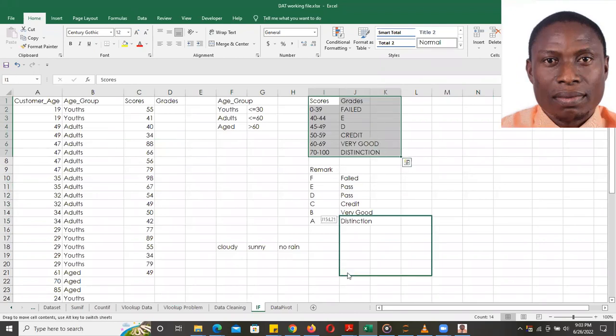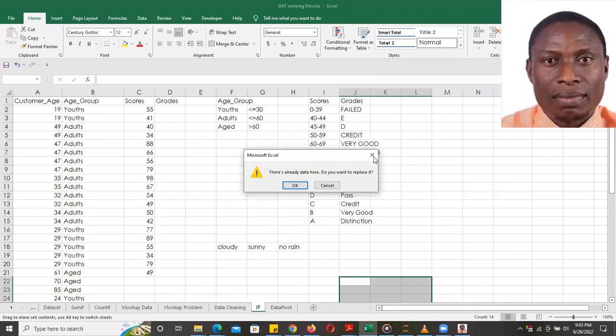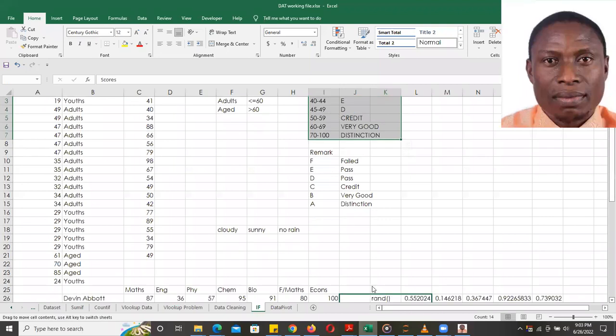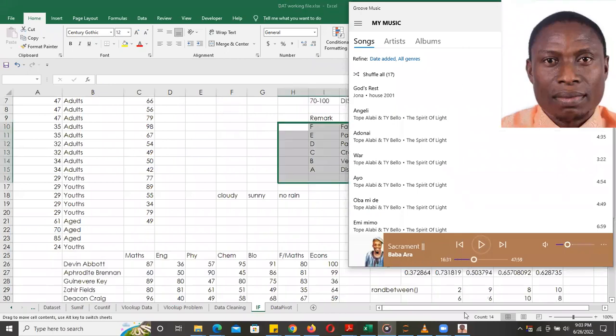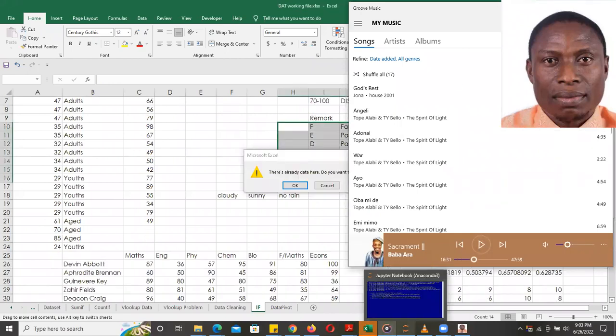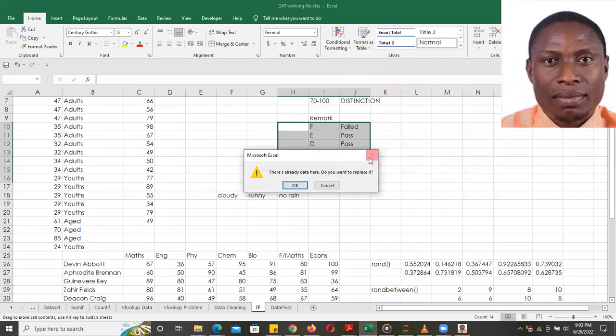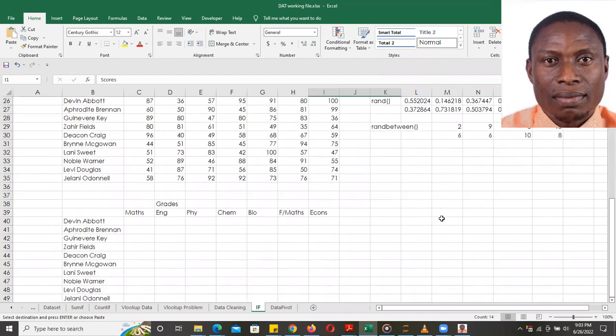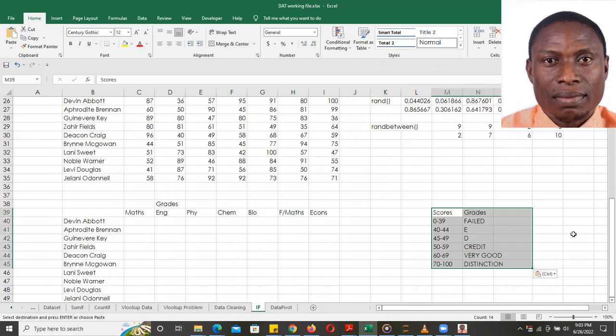Drag it down. Let me see. Oh, we have stuff there. So let me just bring it down a bit. Let me copy it and bring it down so that we have it by this side while we are working, so that we can see it. This is what we are using.